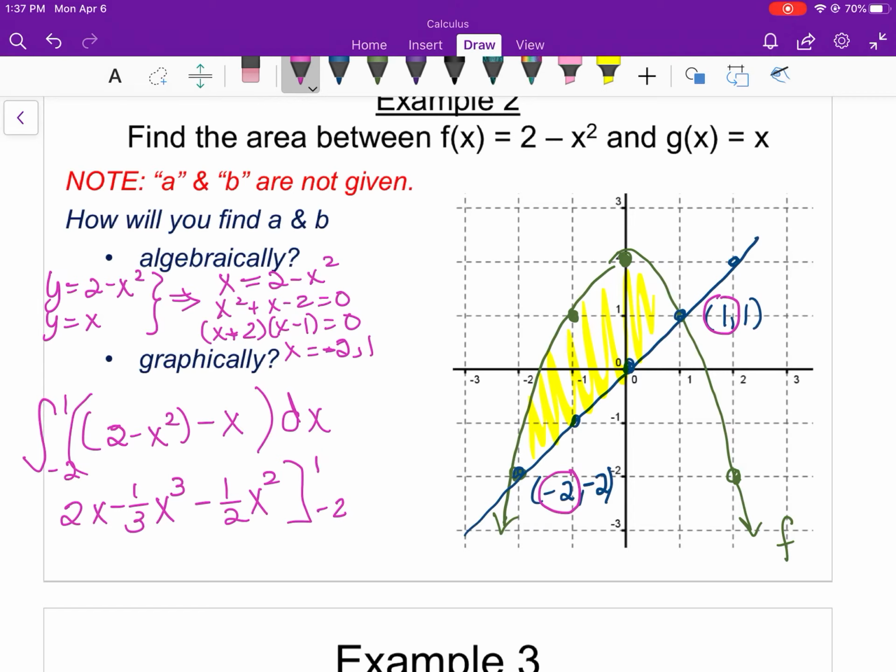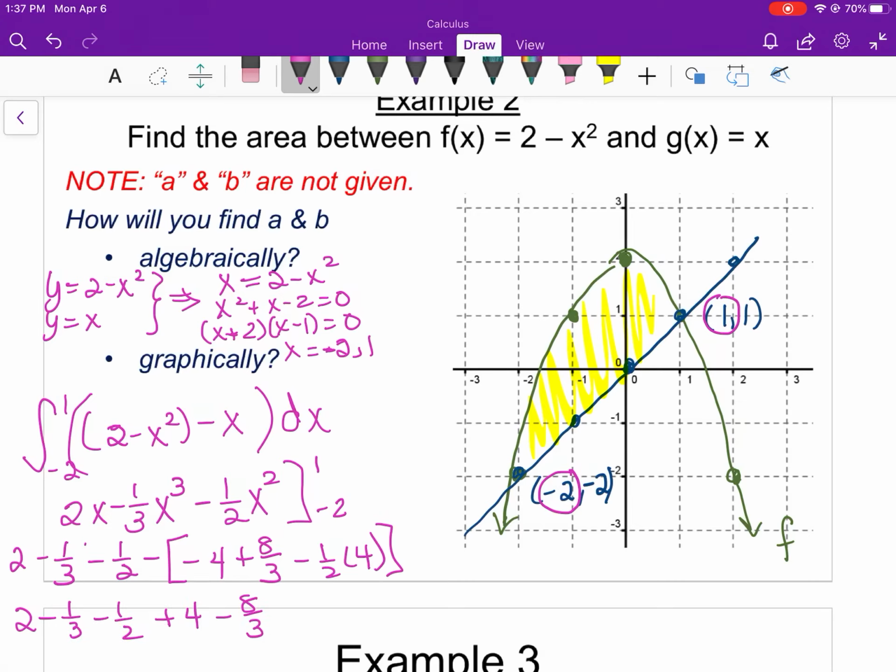And once you plug those values in, you should get 9/2. And let me just double check my work here. Yep. All right.